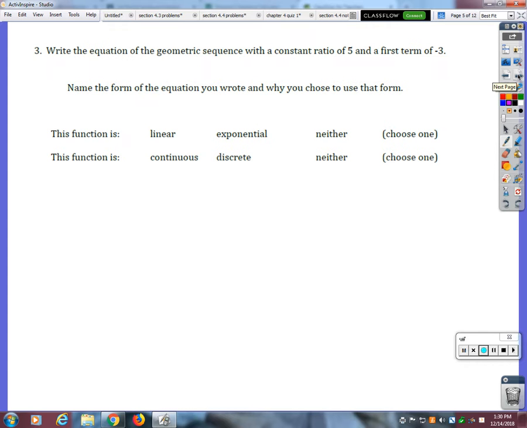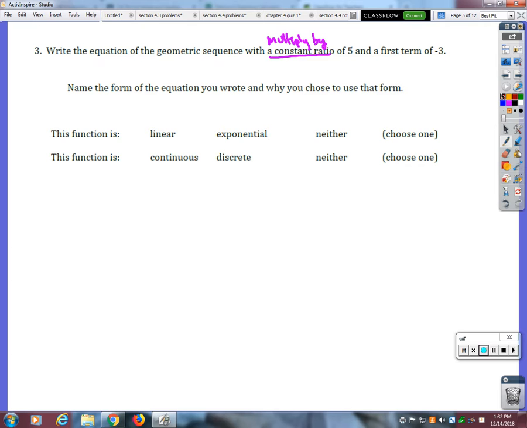All right? Okay, number 3, write the equation of the geometric sequence with a constant ratio of 5. Constant ratio means multiply by 5, okay? And the first term is -3, so give that a chance. Nathan, were you able to come up with a... I didn't really understand this one.